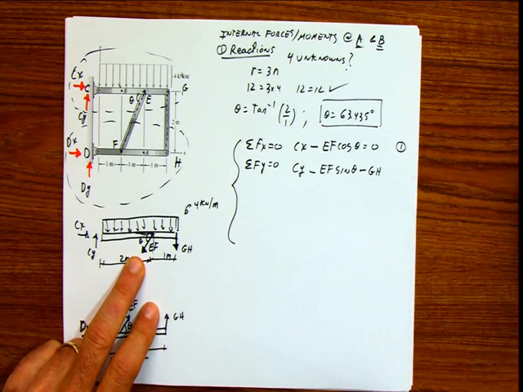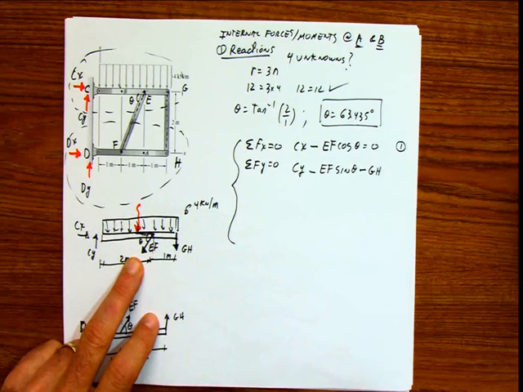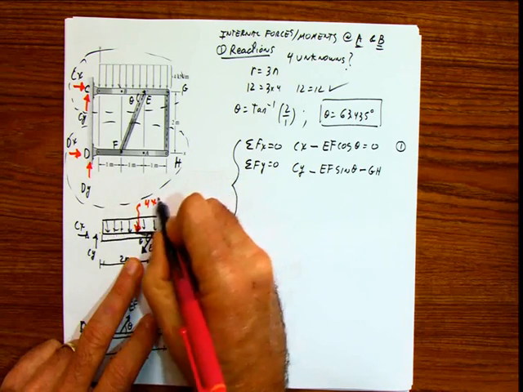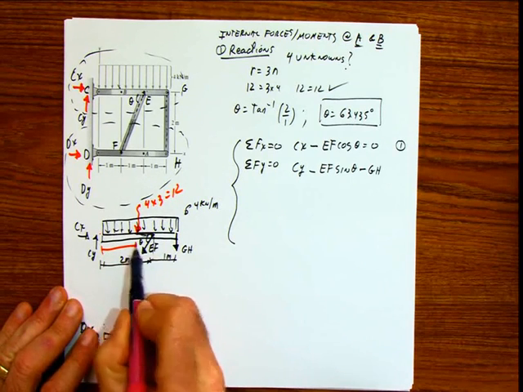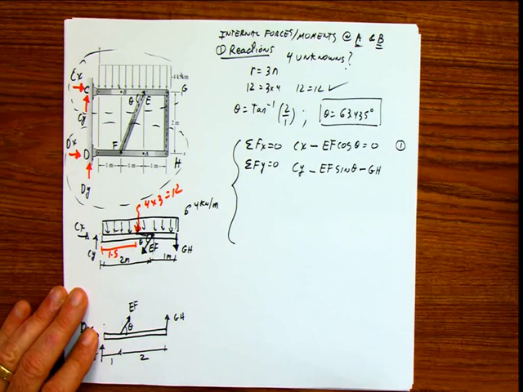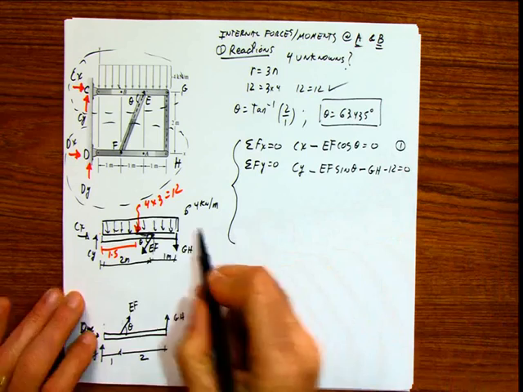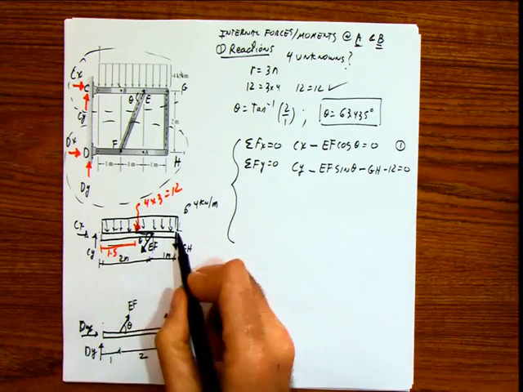But also, remember, I have a distributed force here, which is going to produce a concentrated force of value 4 times 3, 12, and the location of that force is going to be half of the base because it's a rectangle. So here I have to subtract also 12 equals 0. 12 is 4 times 3, the distance from here to here, 3.